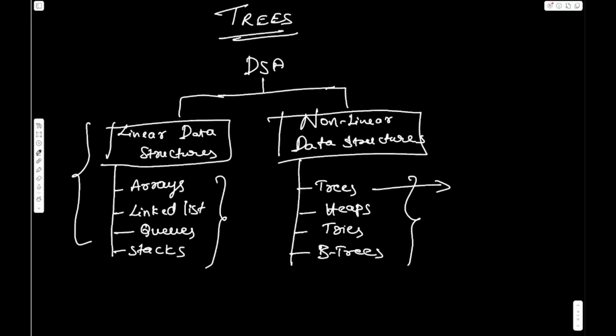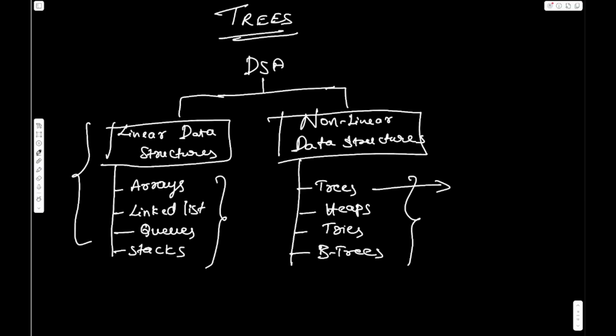It can be done, but I don't think it will be a very easy task. Can we do it in linked list? Maybe if you have a doubly linked list, but again it will be a tedious task. This is where tree plays an important role in representing hierarchical relationships.